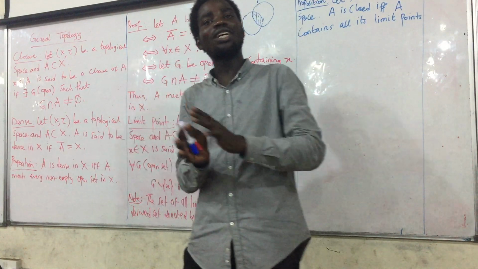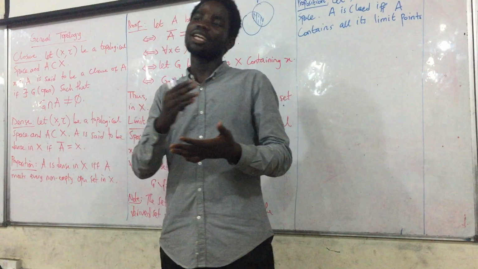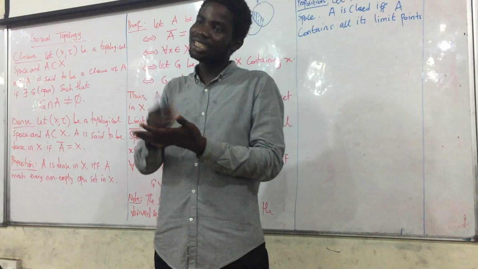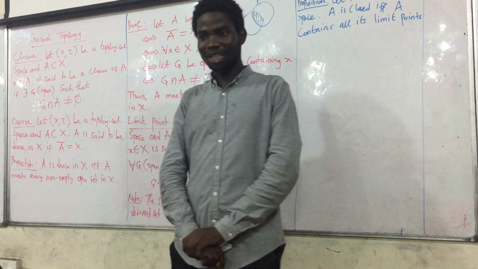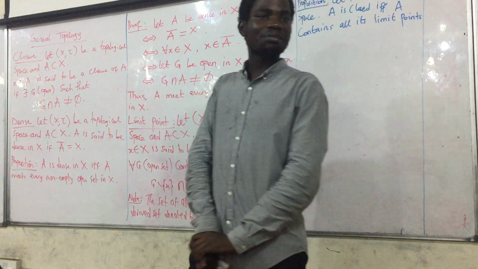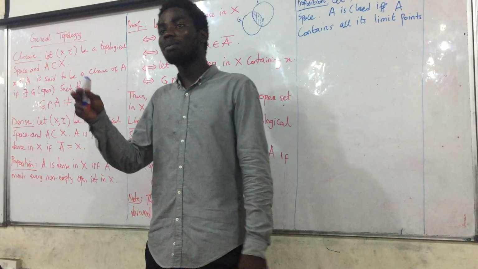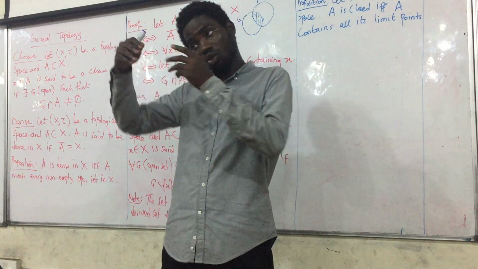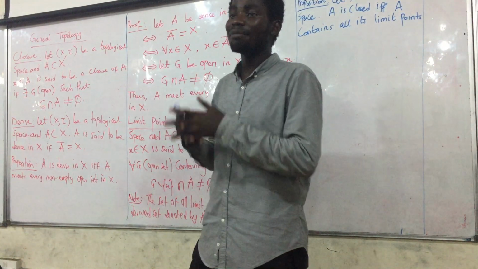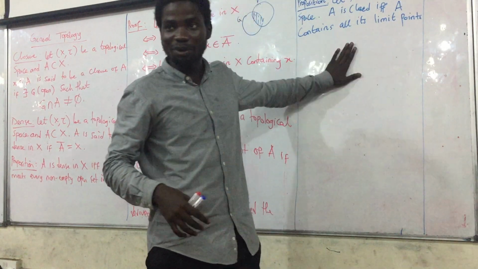Now the second definition is that A is said to be closed if it contains all its limit points. Do you get that? So if I'm told to define a closed set now, I can say A is said to be closed if and only if the complement is open, or A is said to be closed if and only if it contains all its limit points. That's what this proposition is saying.